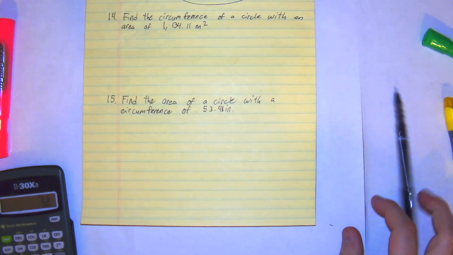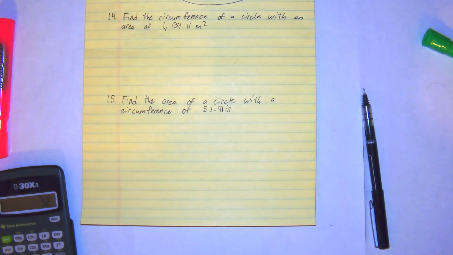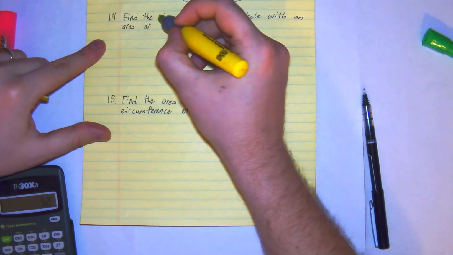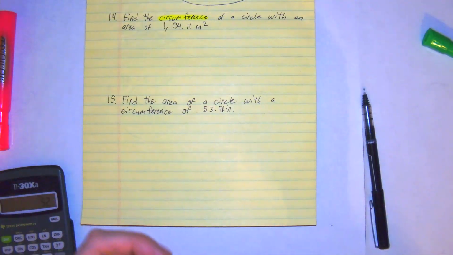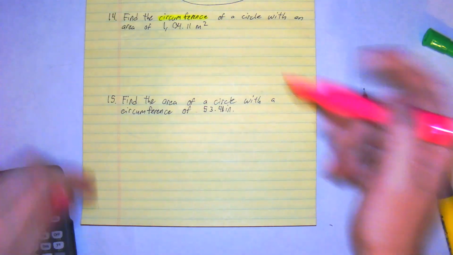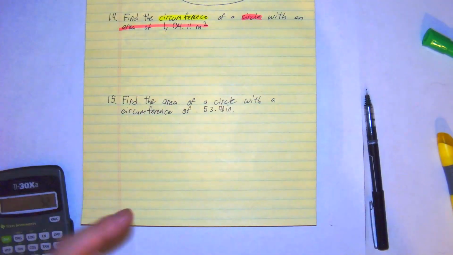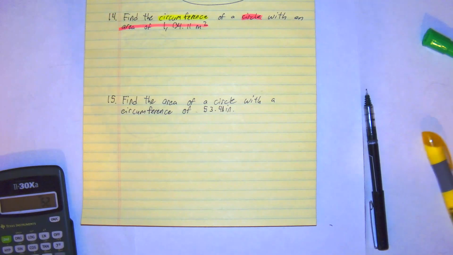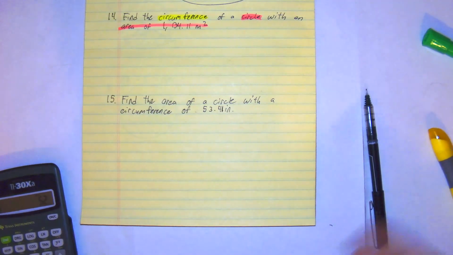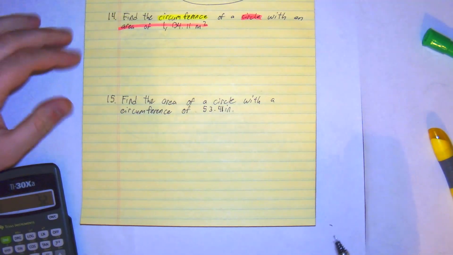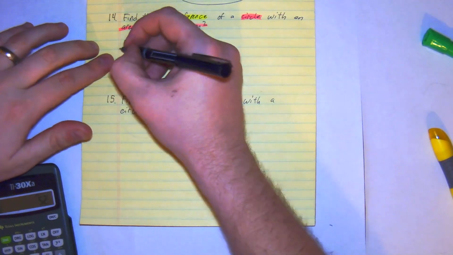Number 14 says, find the circumference of a circle with an area of 1,134.11 meters squared. So the circle has an area of 1,134.11 meters squared, and we want to find the circumference.